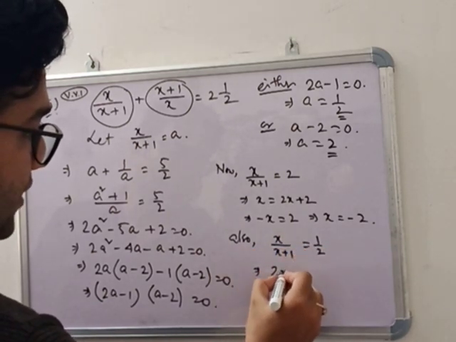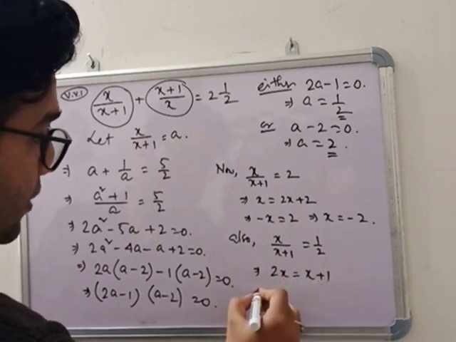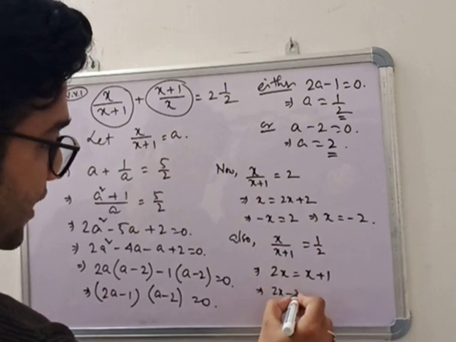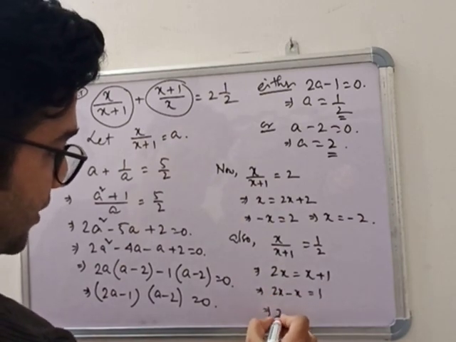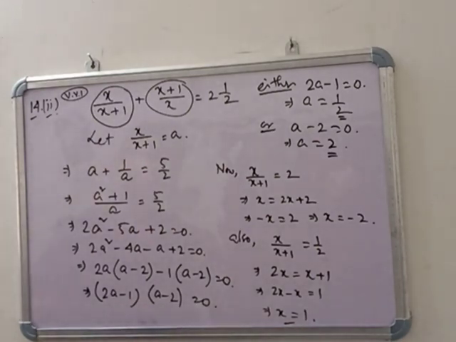That means 2x equals to x plus 1. So 2x minus x equals to 1. That means x equals to 1. So x equals to 1 and x equals to minus 2 is the answer. Okay, x equals to 1 and x equals to minus 2 is the answer. Put it down all.